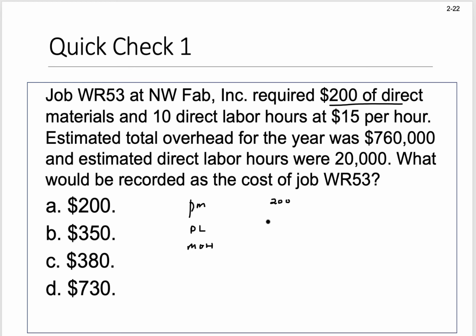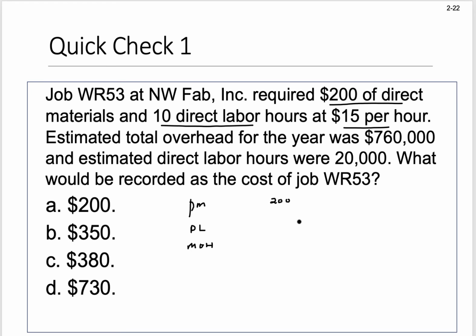Can we calculate direct labor? Well, sure we can. We just take the hourly rate that we pay our employees times the amount of hours they work on a job. We have that information here: 10 direct labor hours at 15 bucks a pop. So I can calculate direct labor as 10 times 15, right? It's 150 bucks.